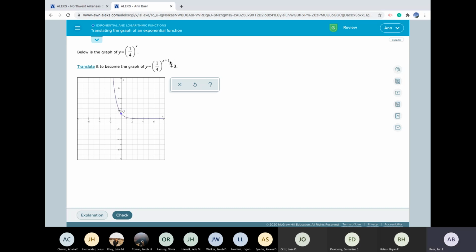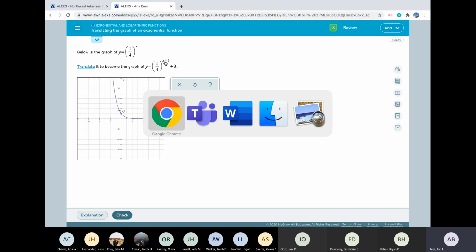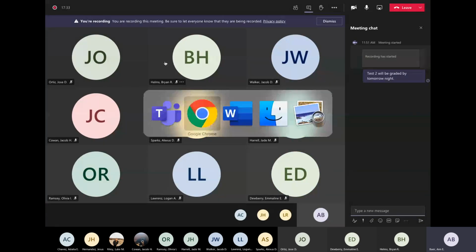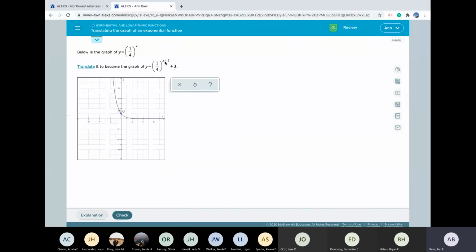So remember, this adding 1 is next door to the x. Which direction does being next door to the x go? Does it go left, right, up, or down? Back when we did transformations before, which way did we go when we had a number being added next door to the x?